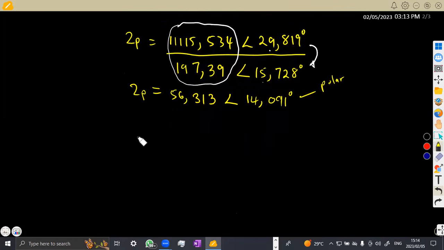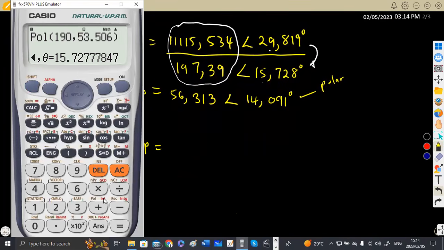Okay, so let's convert this ZP, the parallel combination, again to rectangular form. So to rectangular form, it's shift rec, which is shift minus. Then we have 56,313. Then to separate the angle, we are going to use shift comma there, which is 14,091.